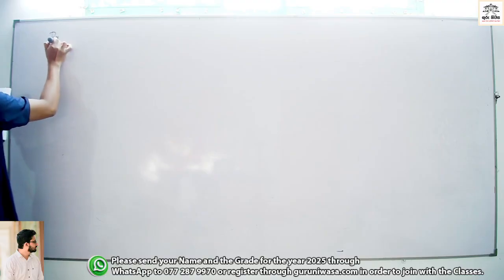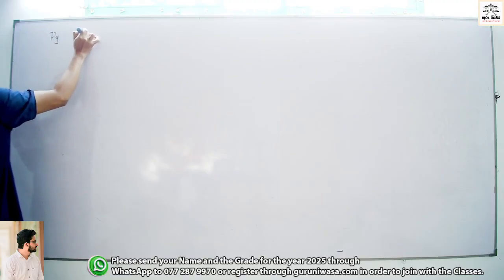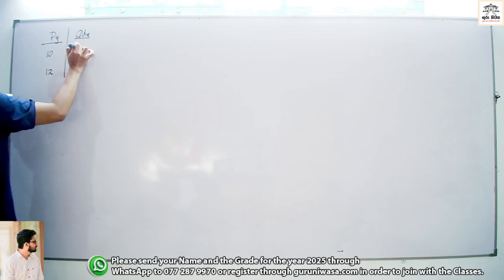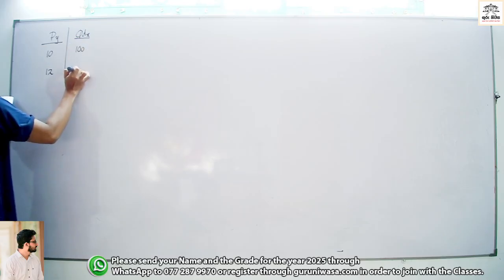Price of Y and QDX: price 10, 12. Quantity demanded of X 100 and 130.